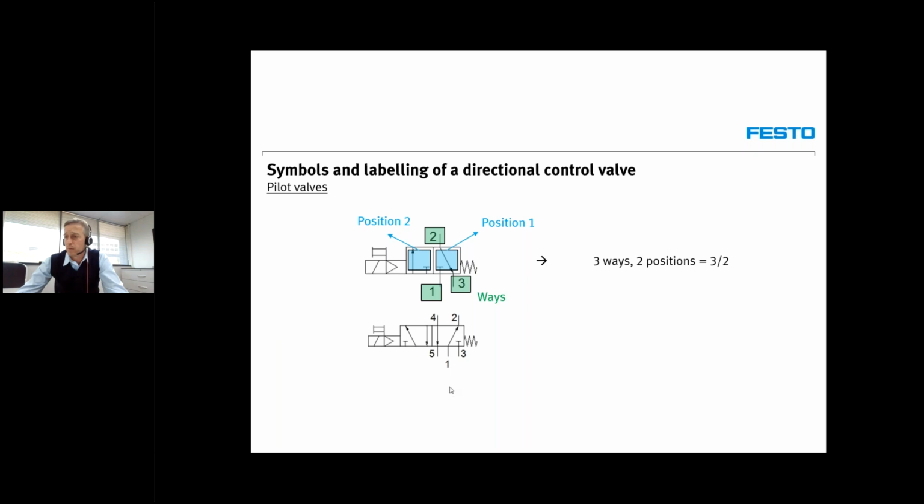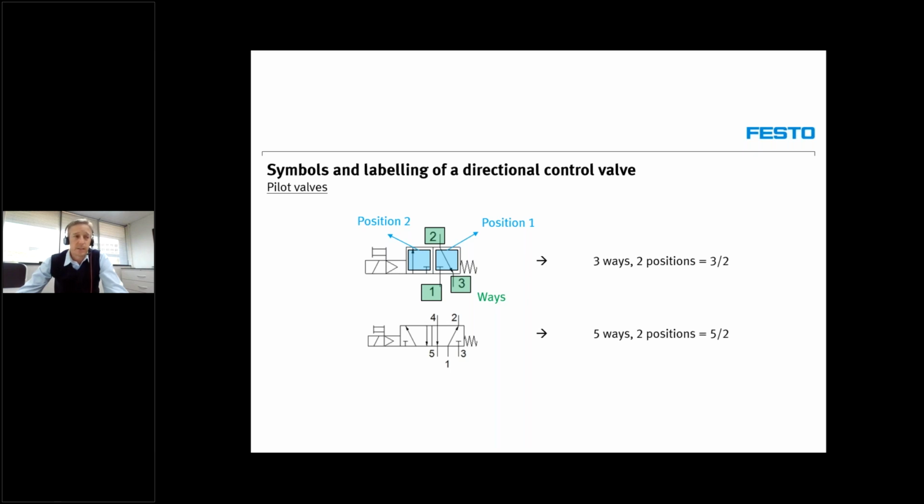We've got one supply port, port 1, and we've got 2 exhaust ports, ports 3 and 5. Therefore, once again, we've got 5 ports or 5 ways of transporting the air. And with 5 ports and 2 ways, forward or backwards, or depending how you connect it, backwards or forwards, this would be classified as a 5 two-way valve.